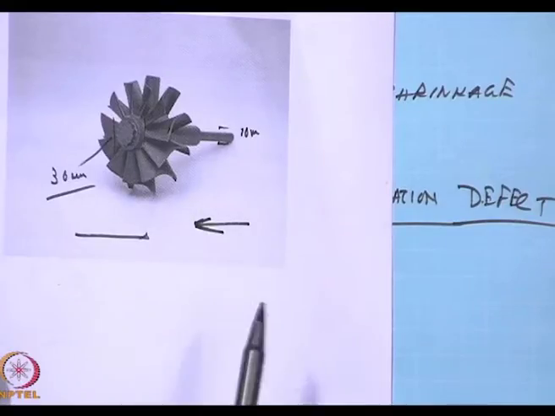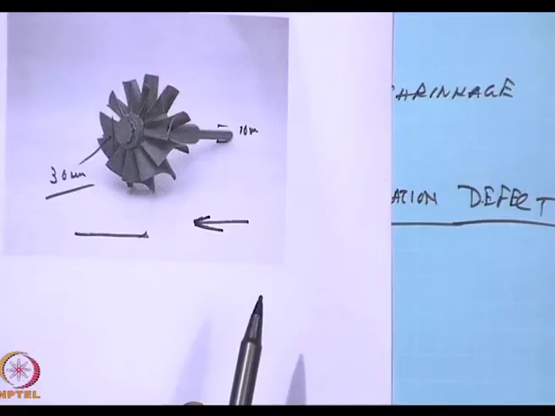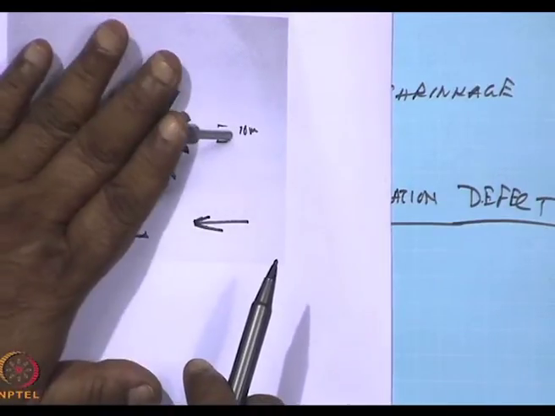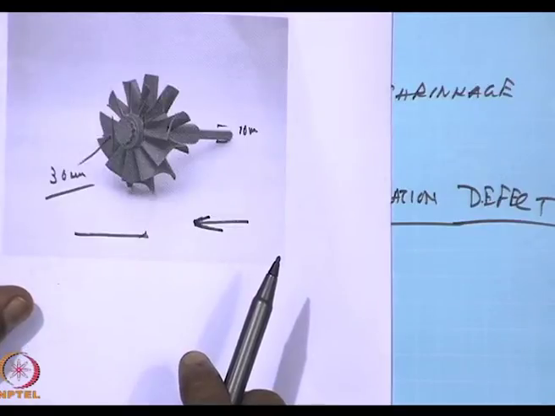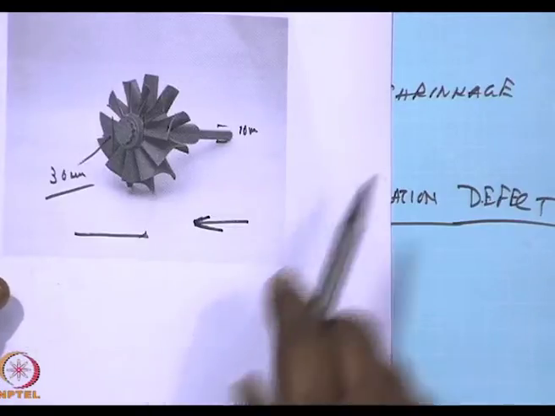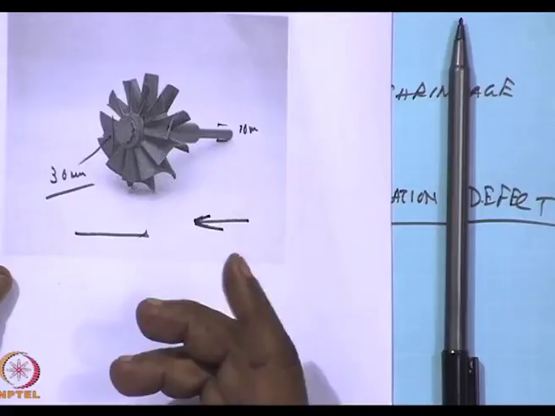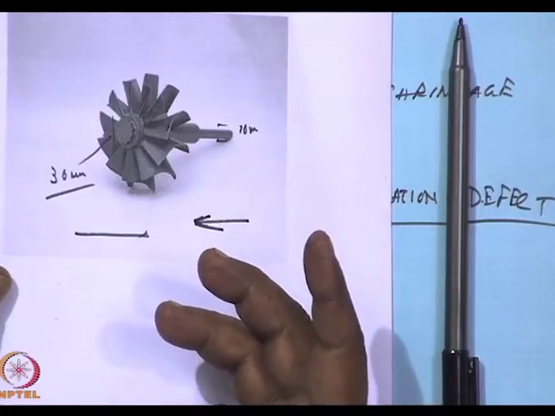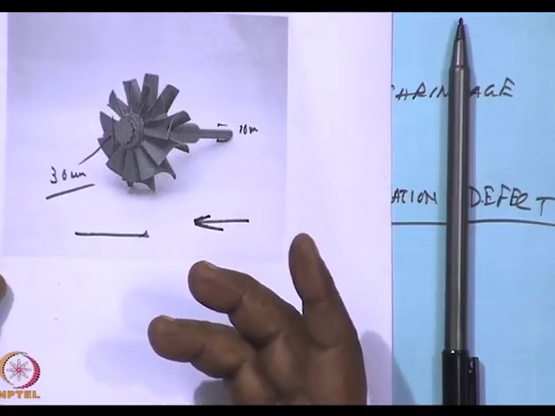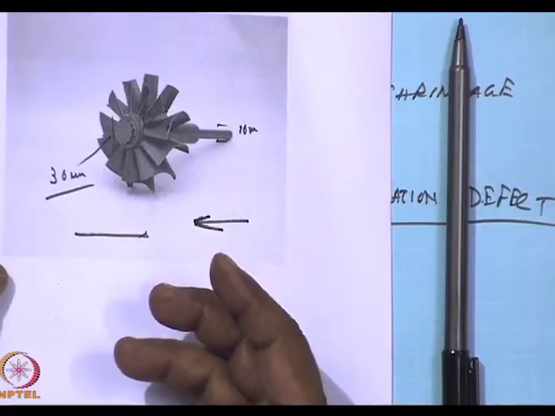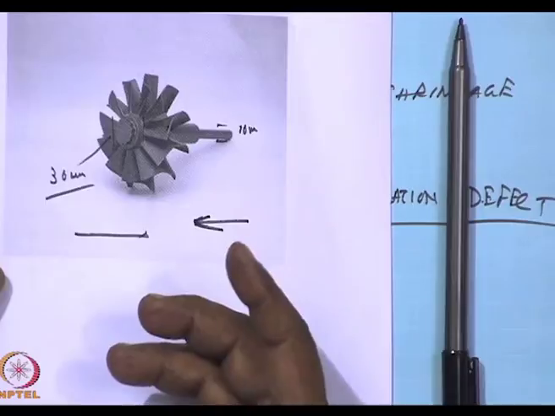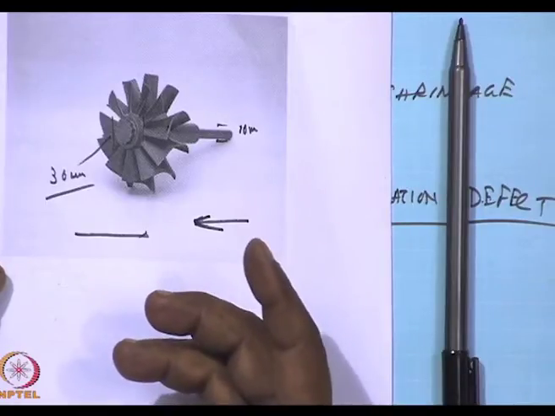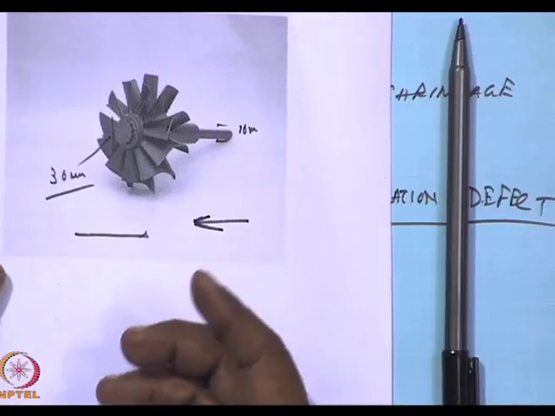A lot of these factors have to be taken into consideration before this rotor can be fabricated perfectly. Surface flaws are also obvious, because here I have got finer nozzles, higher flow rates, and hence surface flaws are a possibility.